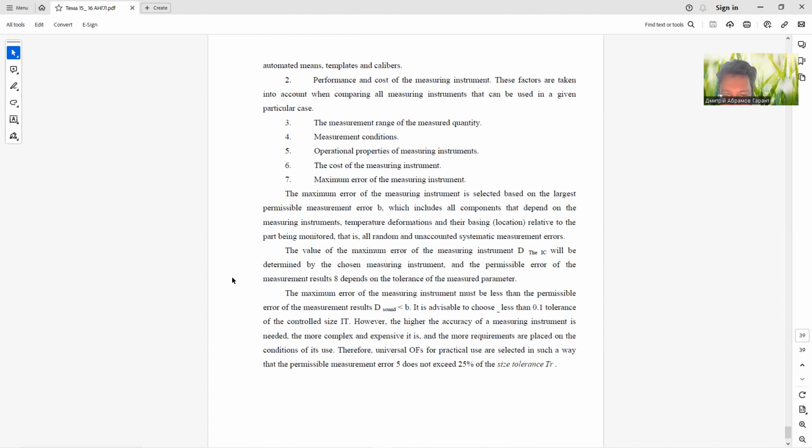Therefore, for practical use, universal measurement instruments are selected in such a way that the permissible measurement error does not exceed 25% of the size tolerance.